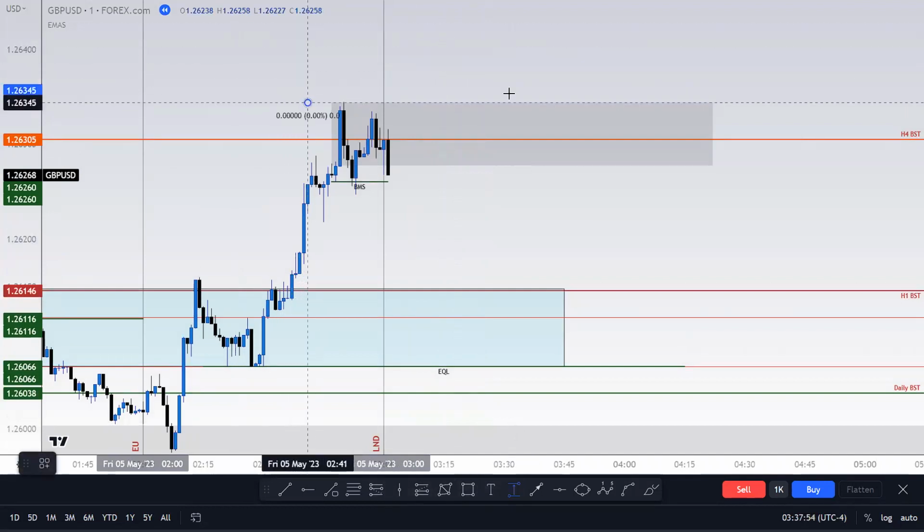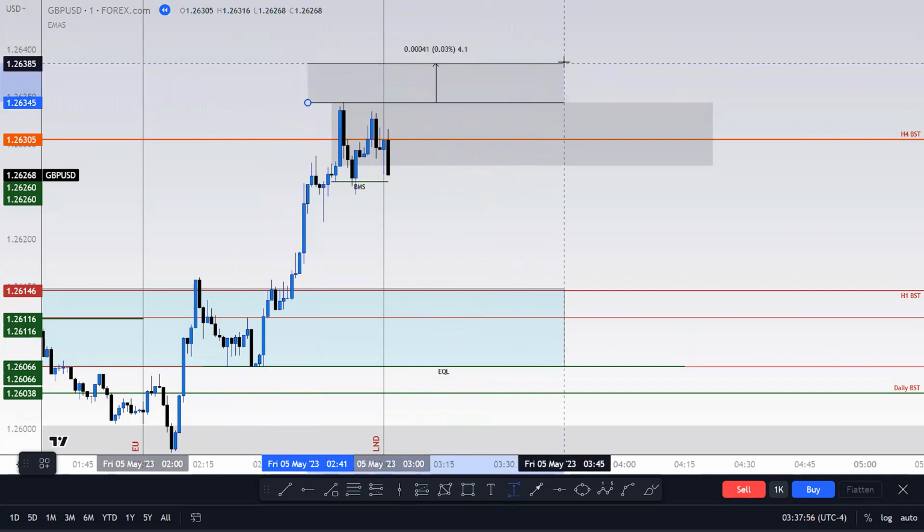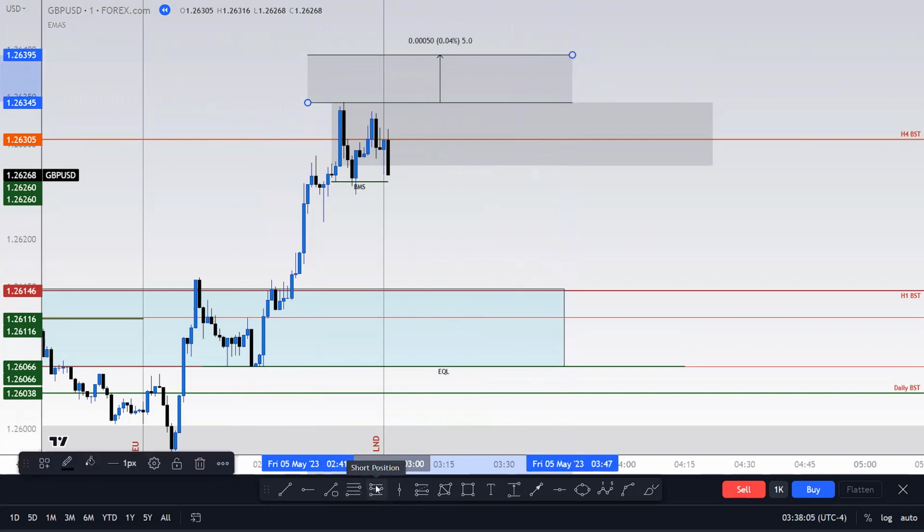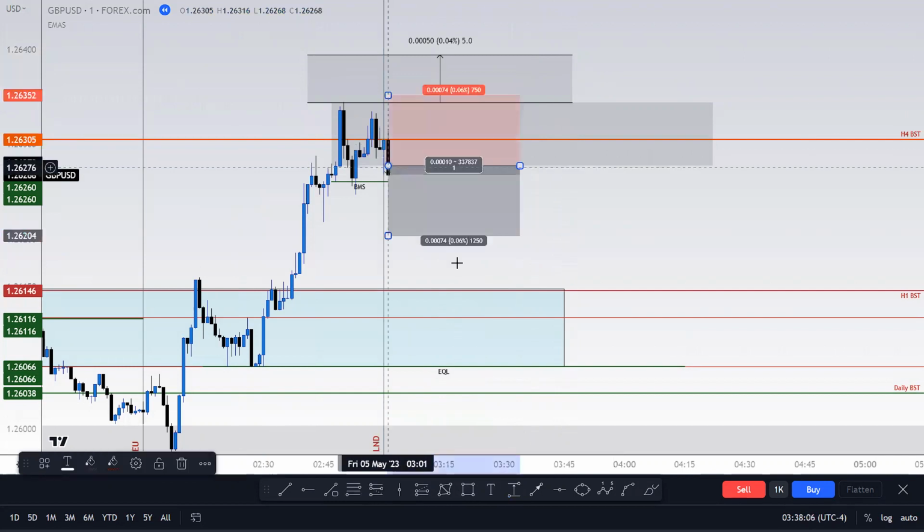Stop loss goes 5 pips above the high, with an entry at the order block itself.